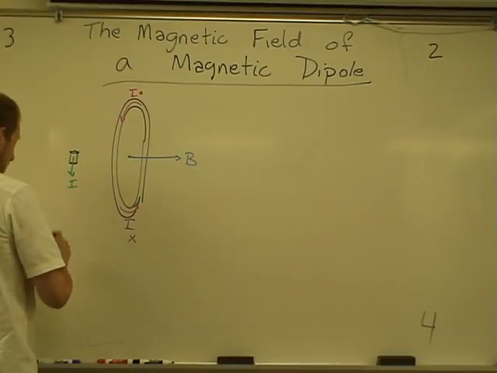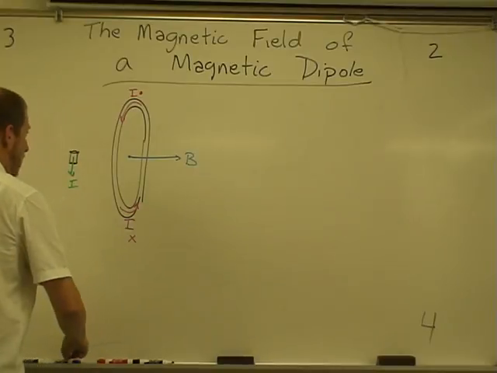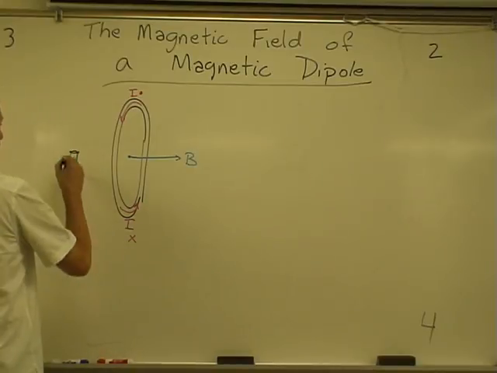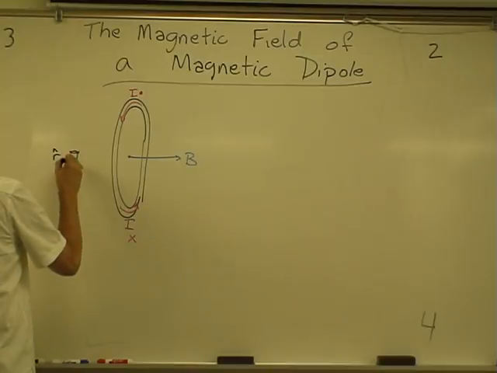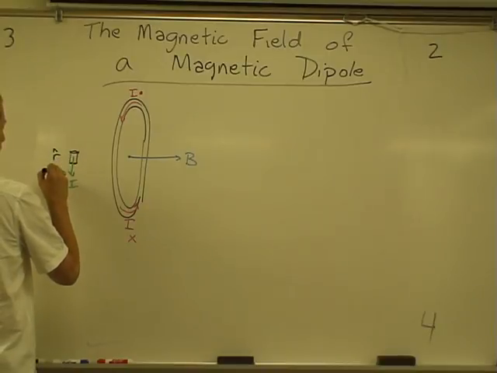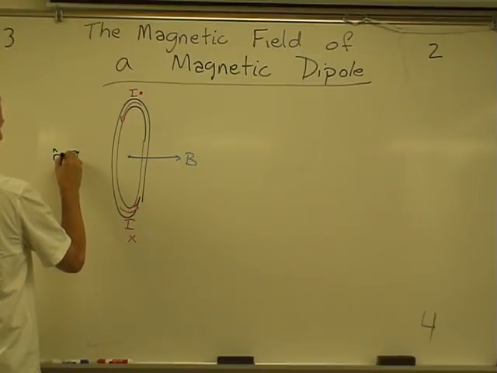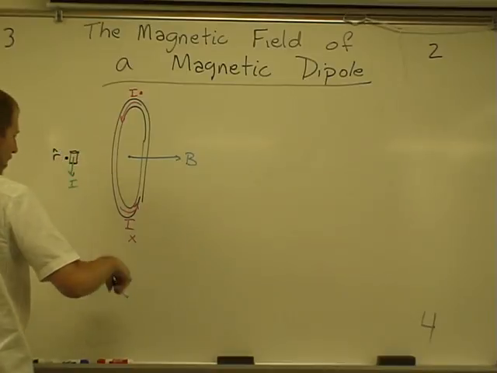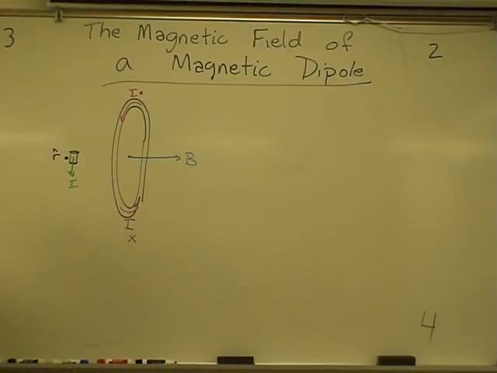The current is moving in that direction. r is radially outward.